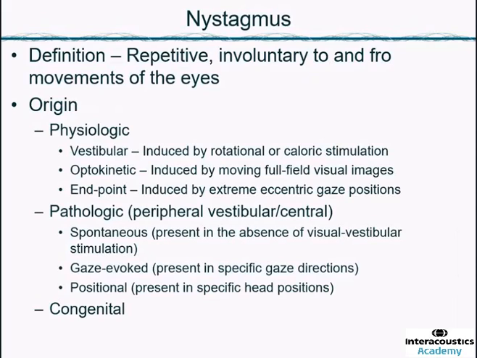And then finally, endpoint nystagmus is if you look far enough to the right or left, and I'm talking about angles of over 40 degrees, even normal people have some level of nystagmus. And if you want to explore the origin of it, the eye muscles are like any other muscle.